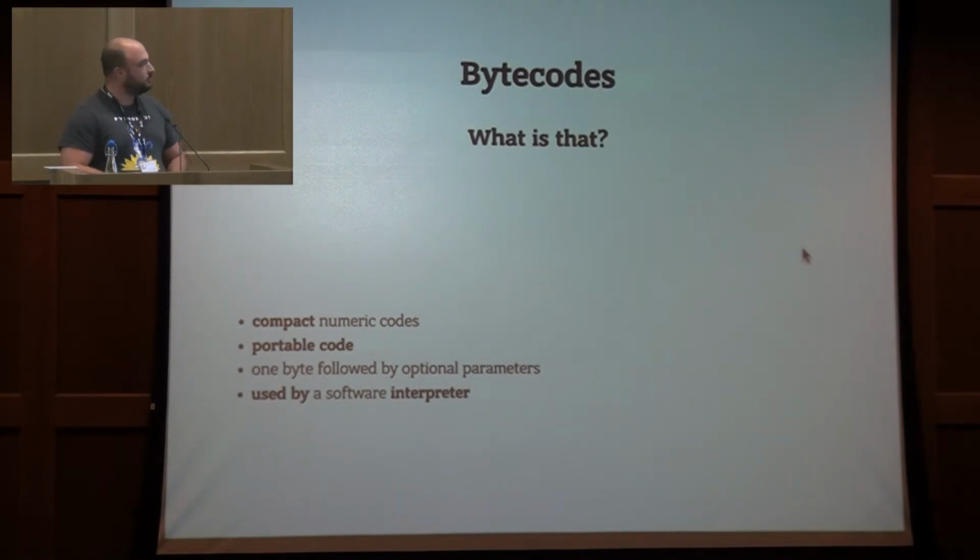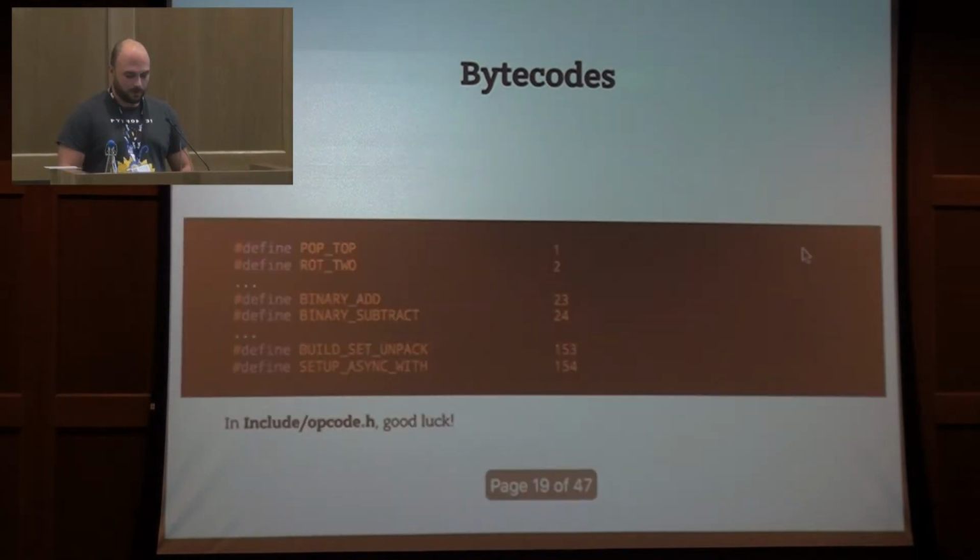And one byte can be followed by an optional parameter. We will see that, for example, when you want to add two numbers, the binary add opcode will use two parameters. And of course, it's used by a software interpreter.